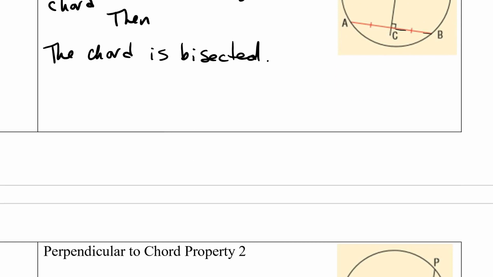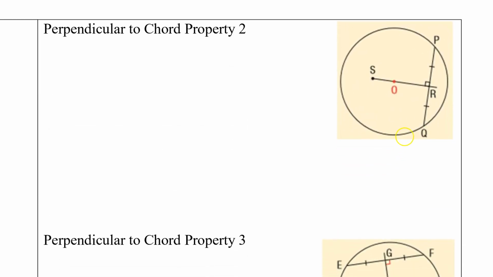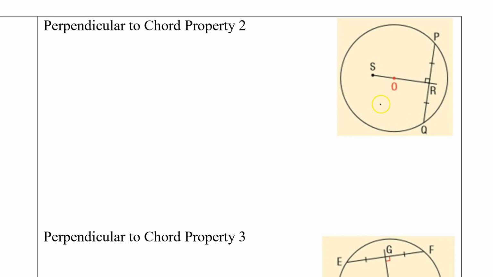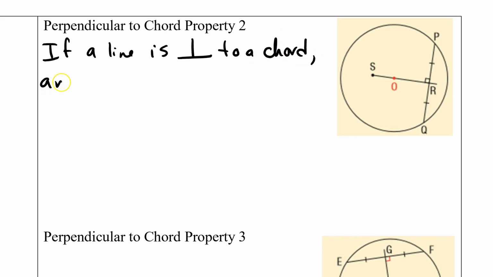Let's look at the next one. In this case, the O, the center of the circle, is red. So that's the thing that's implied. So what we have is, if a line is perpendicular, that sign means perpendicular, to a chord, and that chord is bisected.